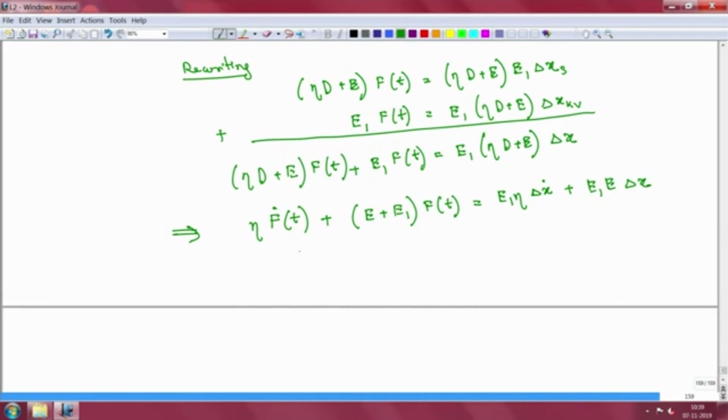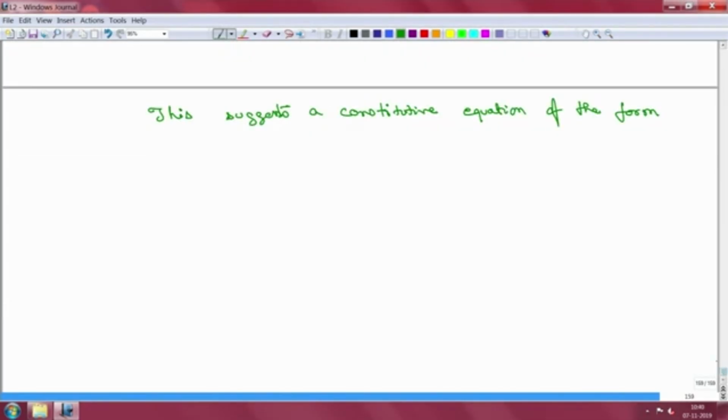So this suggests a constitutive equation of the form, and this is the answer I was looking for.